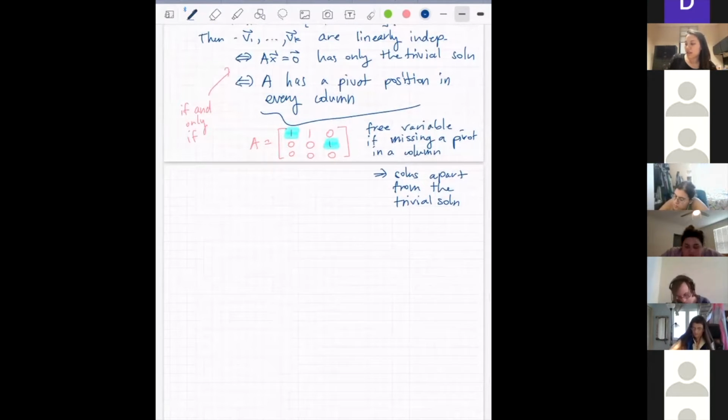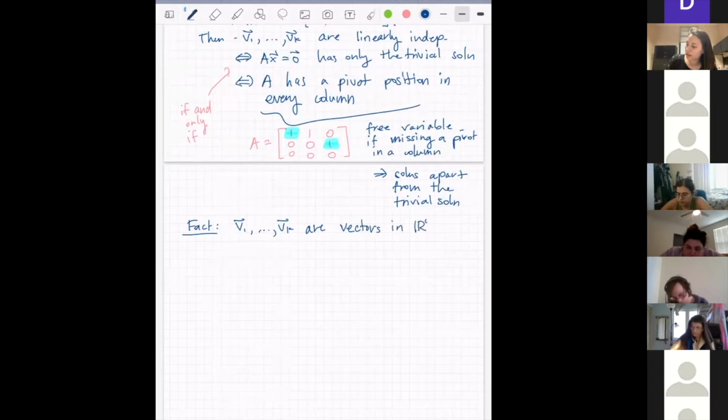And knowing this, we can actually say something about a collection of vectors. Say we have v1 up to vk, and these are vectors in R^n.